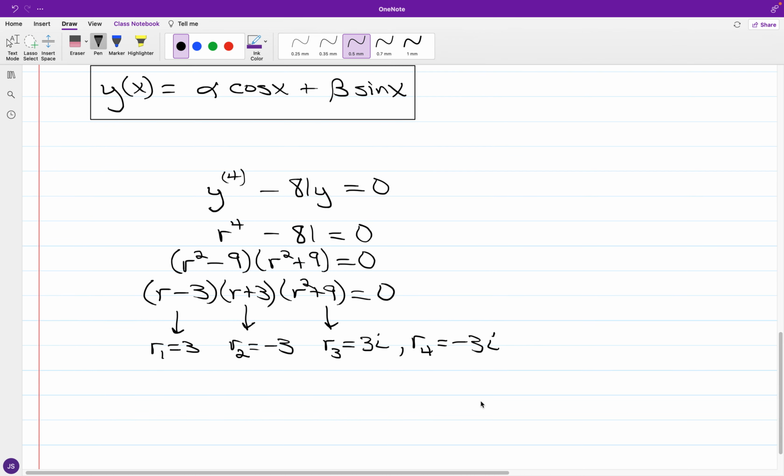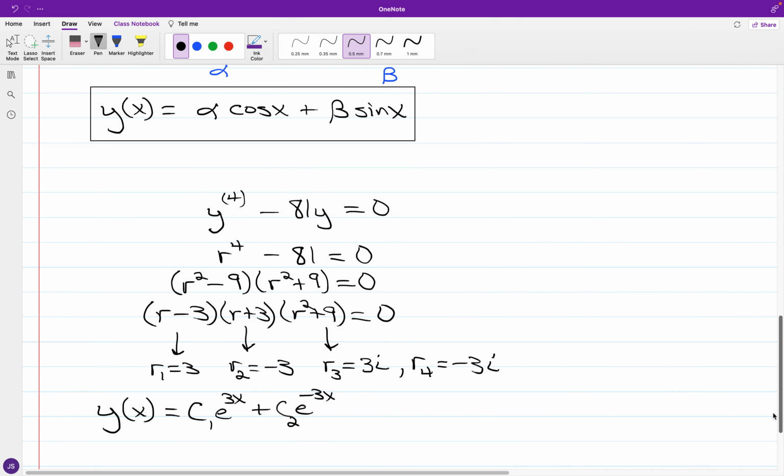And for the solution, for y of x, working with the real roots, we have c sub 1 times e to the 3x plus c sub 2 times e to the negative 3x, and for 3i and negative 3i.